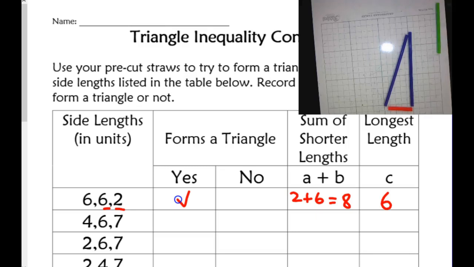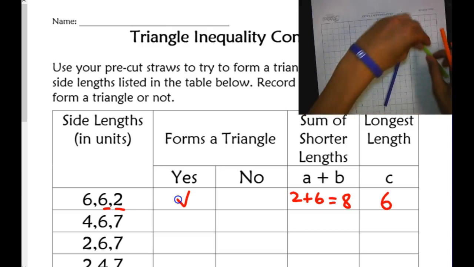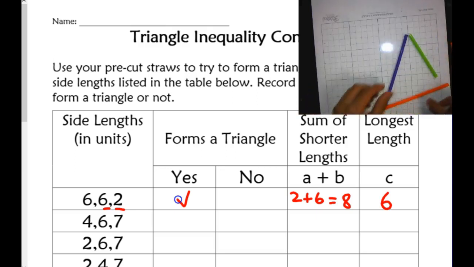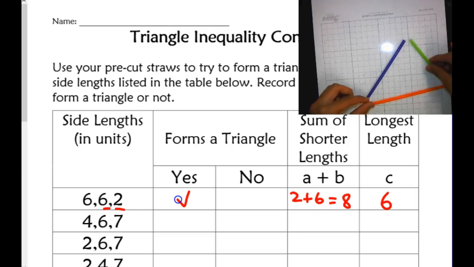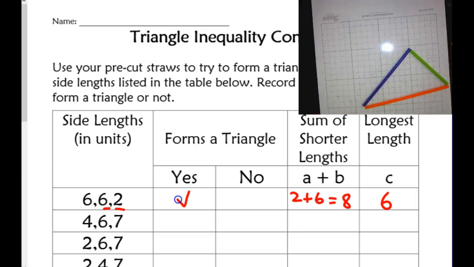All right, so 4, 6, and 7. Let's use green, purple, orange. Let's try that one. Does it make a triangle? Yep, so yes, indeed. And let's write A plus B. My two smaller sides are 4 and 6, so 4 plus 6 equals 10.